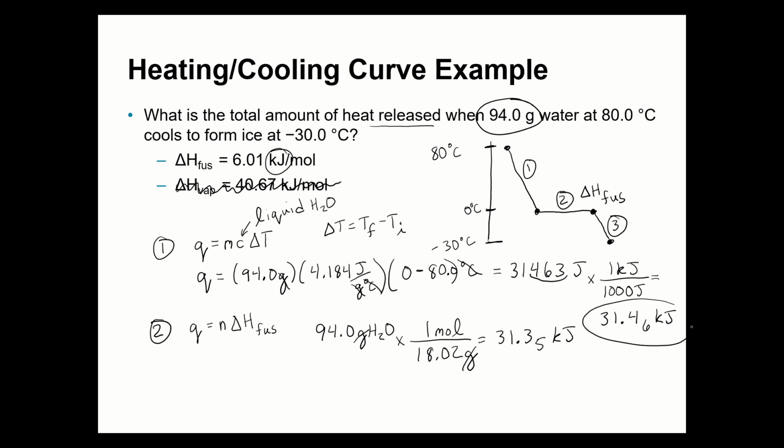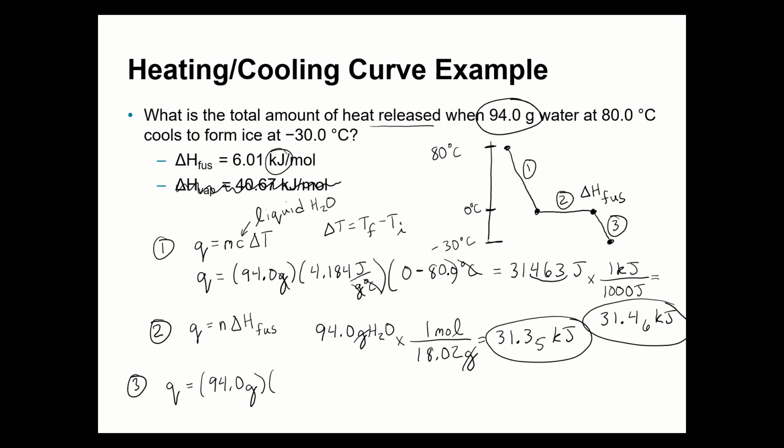Okay, so we've got step 1 here, step 2 here, and then step 3 is going to be similar to step 1. It's going to be that Q equals mc delta T. The mass doesn't change, it's still 94 grams, but the specific heat will change, right?